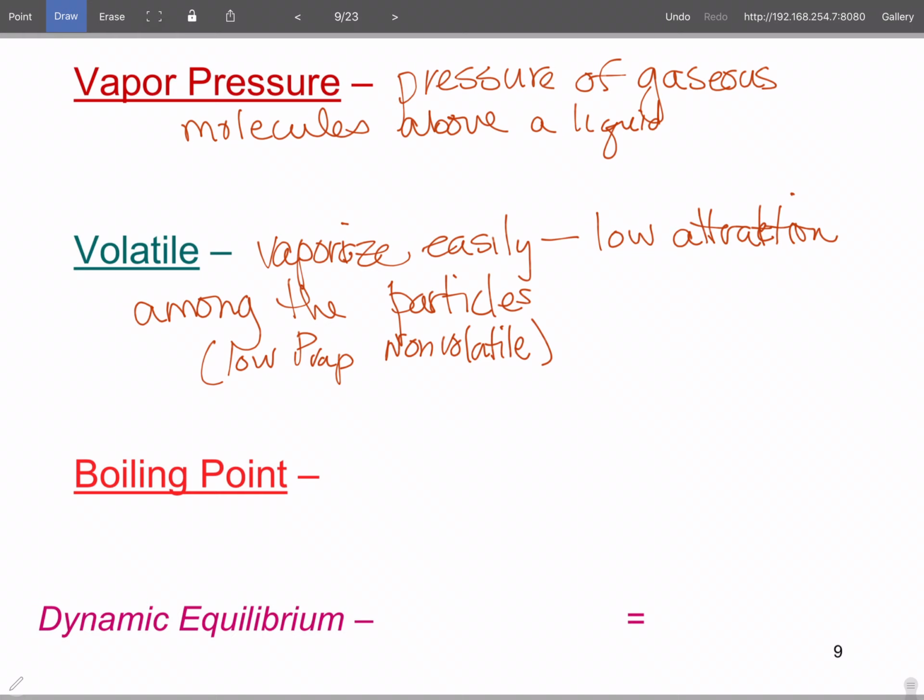Okay? Now, boiling point is the temperature at which the vapor pressure of a liquid equals the atmospheric pressure above it.